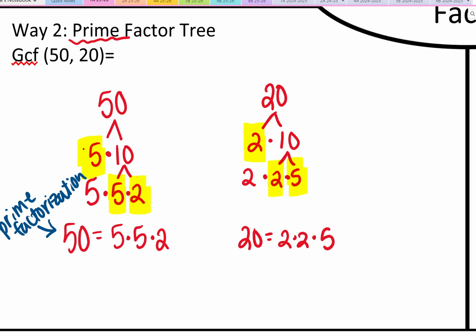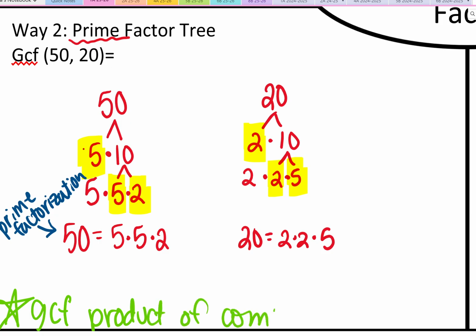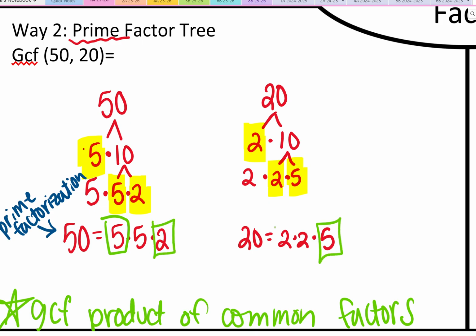And now for us to find our GCF, whenever I'm doing it like this, our GCF is the product of the common factors. So my common factors in here, I see that I have a 5 in common, and I see that I have a 2 in common.